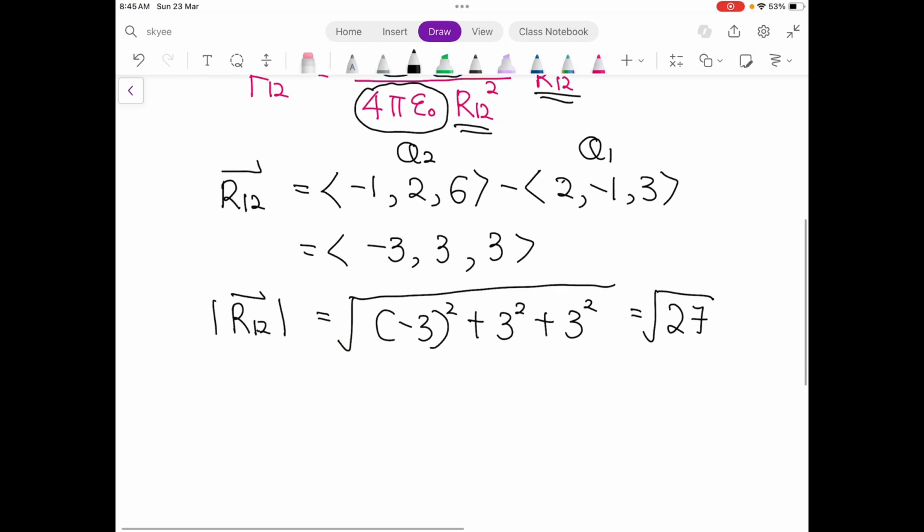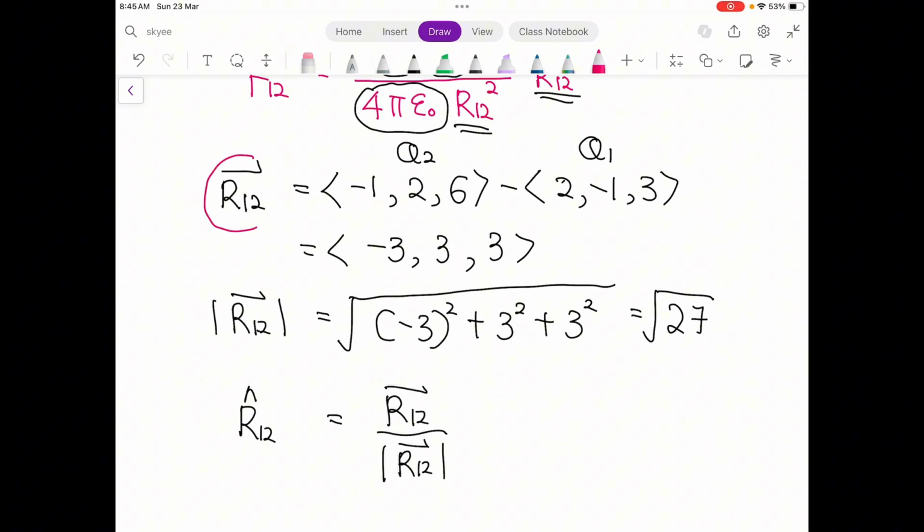To find the unit vector R12 hat, you apply the formula R12 over the magnitude of R12. Make sure you understand what this symbol represents. You have learned this in multivariable calculus.